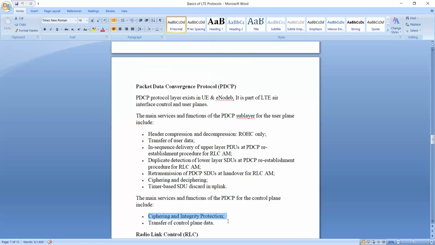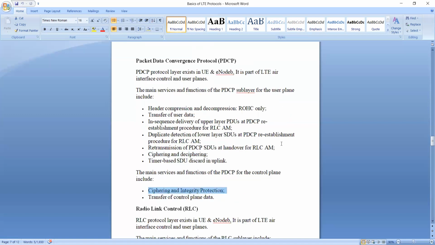These are the main roles. First is header compression and decompression, second is ciphering and deciphering, third is integrity protection. Noted?